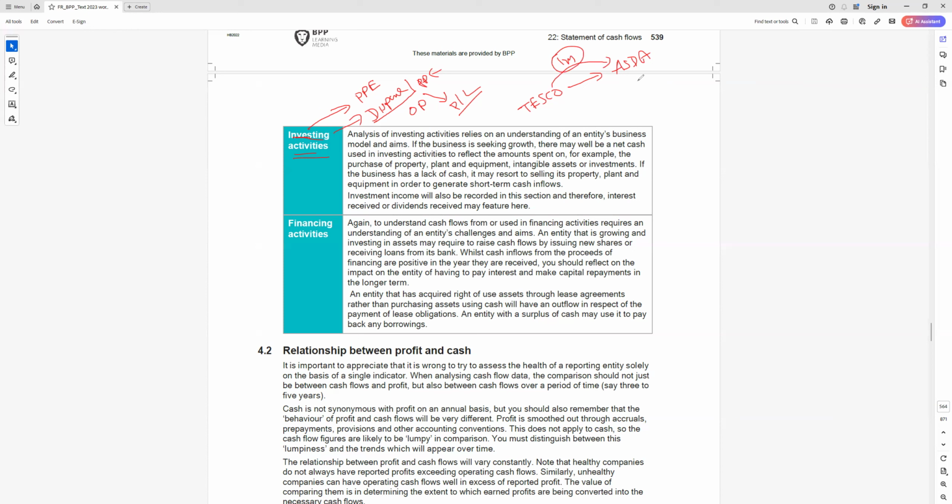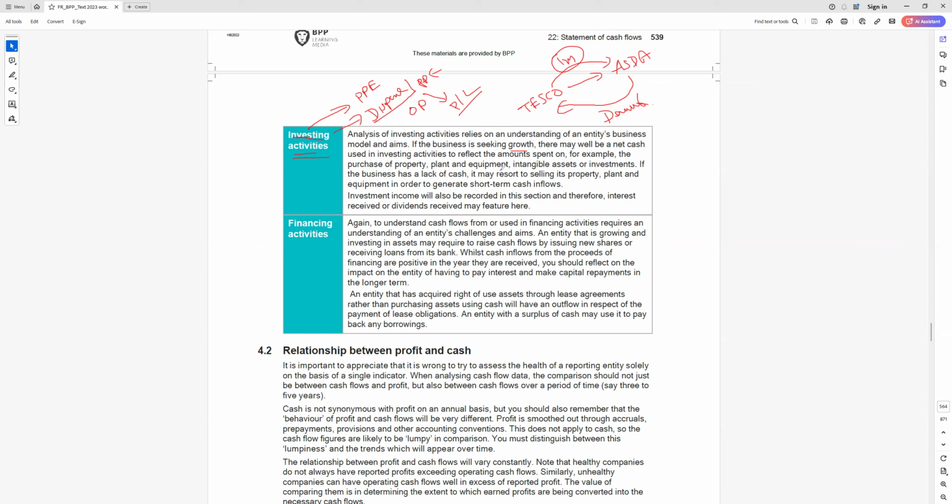The analysis of investing activities relies on an understanding of an entity's business model and aim. If the business is seeking growth, there may be net cash used in the investing activities to reflect the amount spent on, for example, the purchase of property, plant, equipment, intangible assets, or investments. If the business has a lack of cash, it may resort to selling property, plant, and equipment in order to generate some short-term cash inflow.